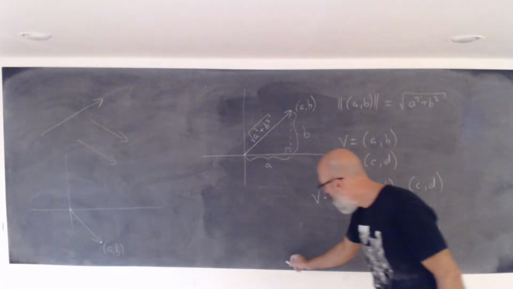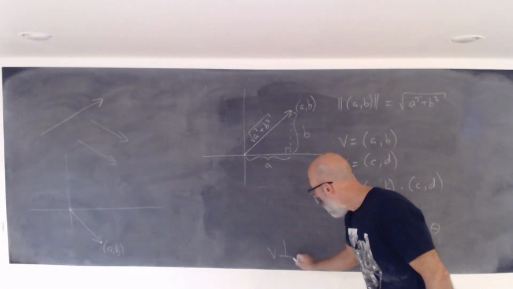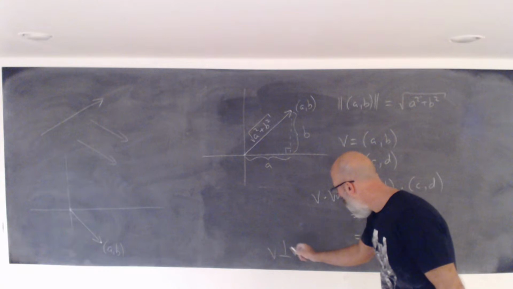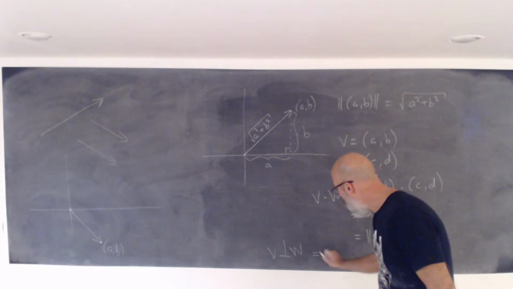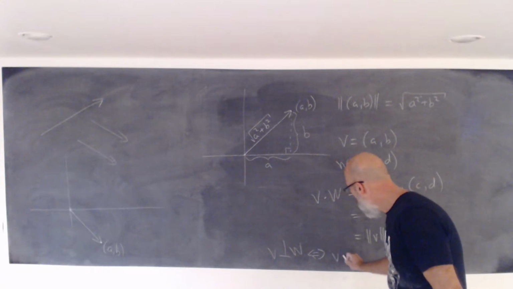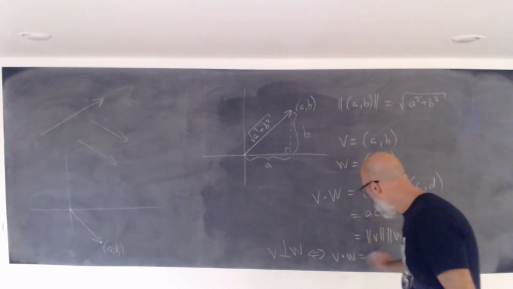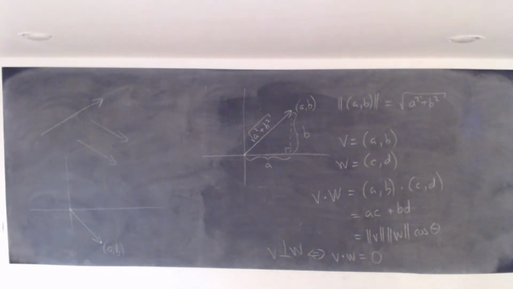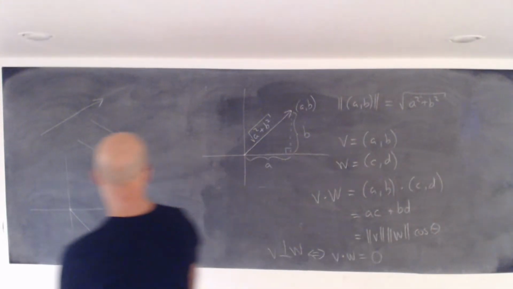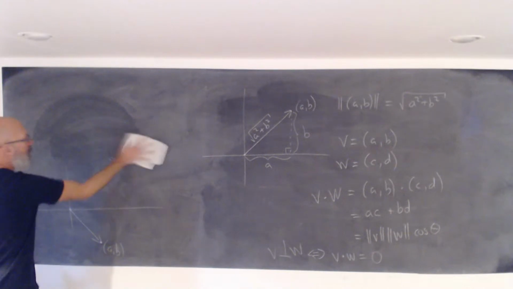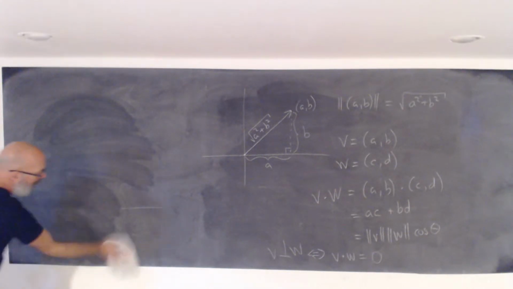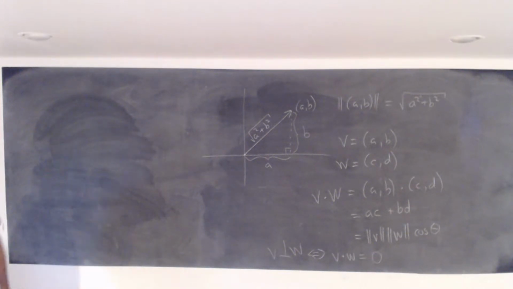In other words, V and W are orthogonal if and only if the dot product is 0. Right? Because if the angle between the two is 90 degrees, cosine of 90 is 0.